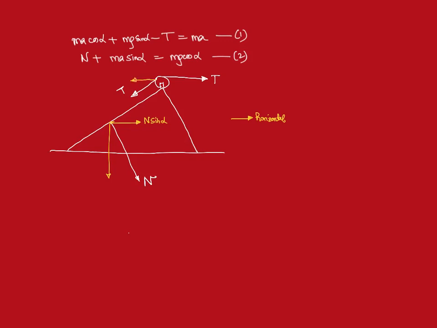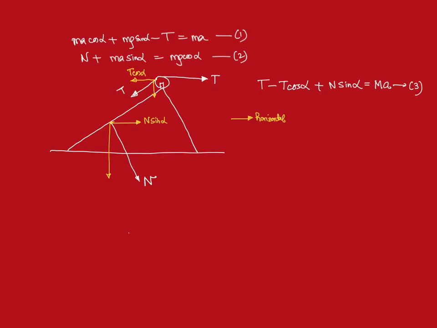And again T, this component is T cosine alpha, downward is T sine alpha. We don't need that. So Newton's law for the wedge in the horizontal direction: T minus T cosine alpha plus N sine alpha is equal to capital M times A. So let's name this equation 3.